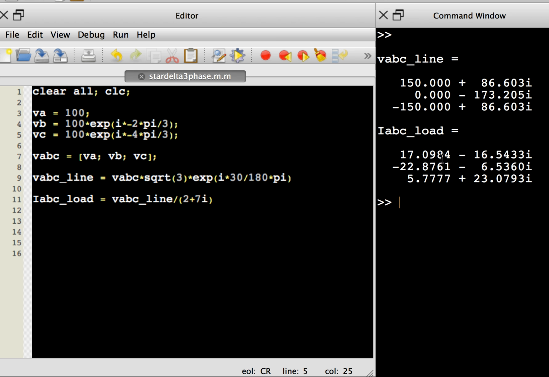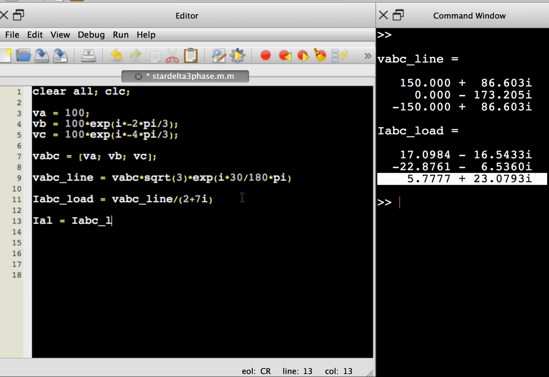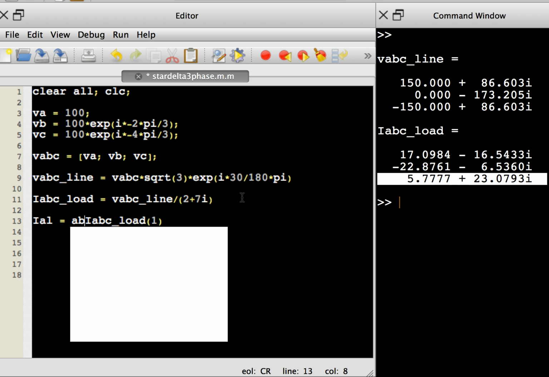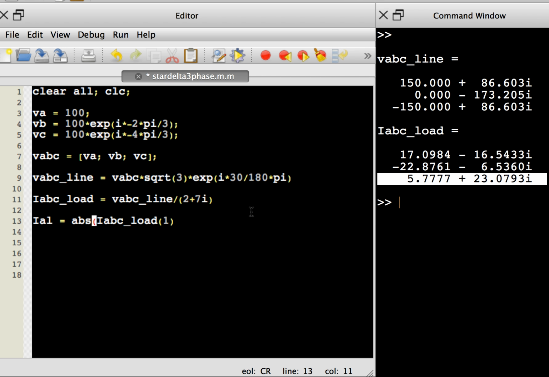So on the right side you can see the currents. So this is A phase current, this is B phase current, and this is C phase current. So let me display it. So IA load, IAL, I am calling it IBL. So IAL is nothing but IABC underscore load, the first element of it. Now I want to display both magnitude, so absolute value of that, and the angle of that.